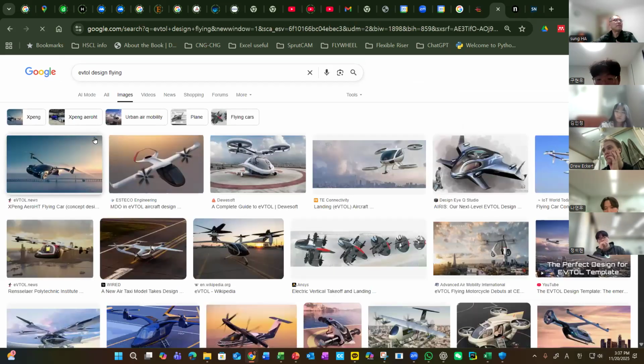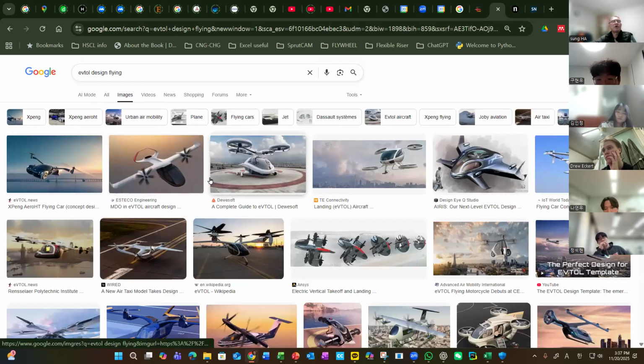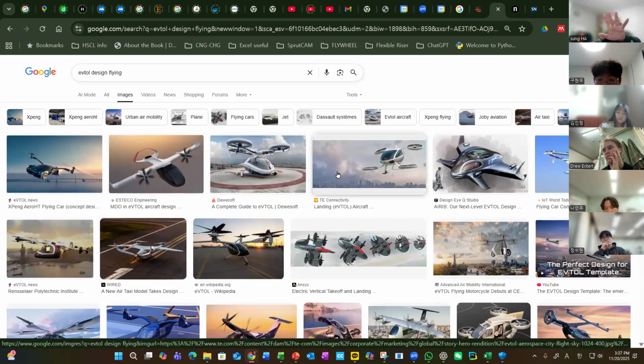We also mentioned many times this eVTOL. This is not a science story. This is the reality tomorrow. So prepare yourself. And what can you do?